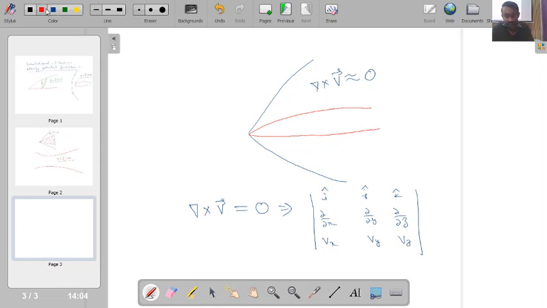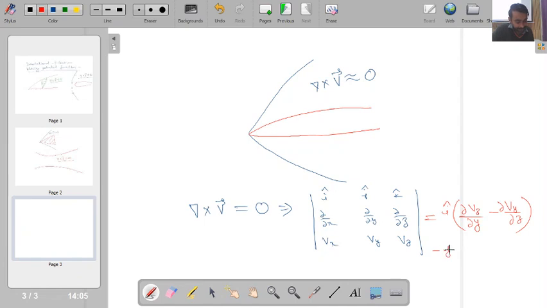So the curl of this comes out to be i cap into del Vz by del y minus del Vy by del z. Is it fine?